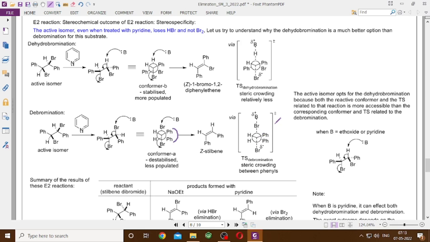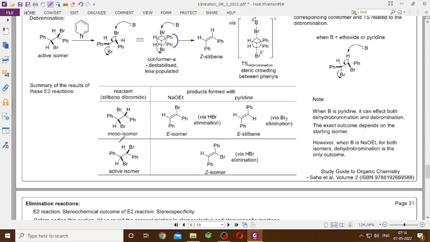কাজেই, irrespective of the base that you are using, whether you are using the base as ethoxide, or you are using pyridine, or you are using iodide, or you are using zinc, it is always the dehydrobromination for the active isomer. But for the meso isomer, it depends. If you have sodium ethoxide which cannot undergo debromination reaction, then debromination will not take place.